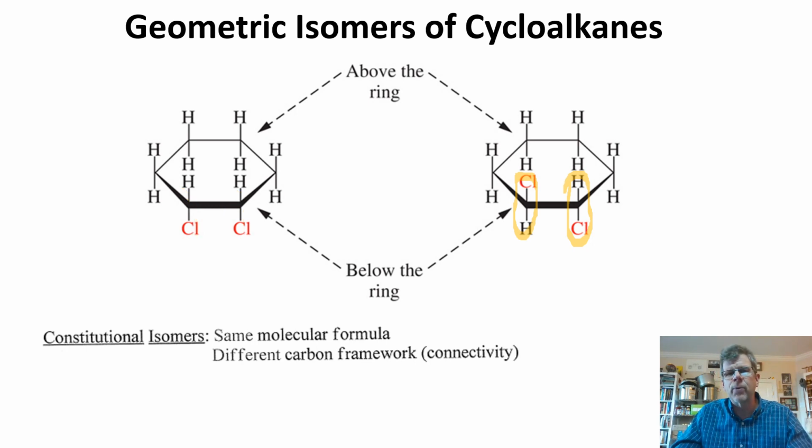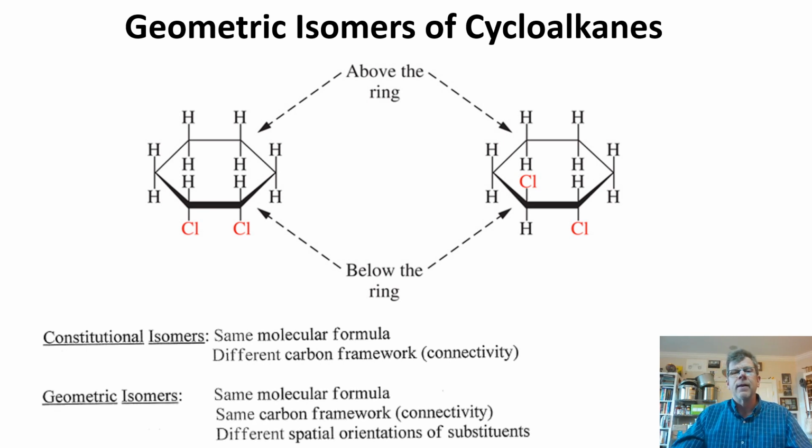So we have to come up with another type of isomer to delineate that. And these are known as geometric isomers, pairs of compounds in this case. Geometric isomers have the same molecular formula, the same connectivity of atoms as we saw here, but different spatial orientations of the substituents.